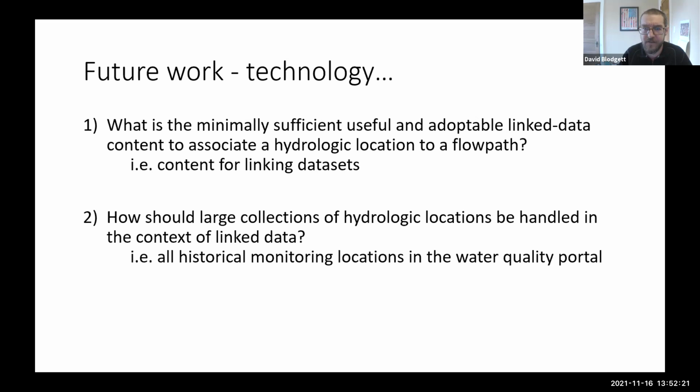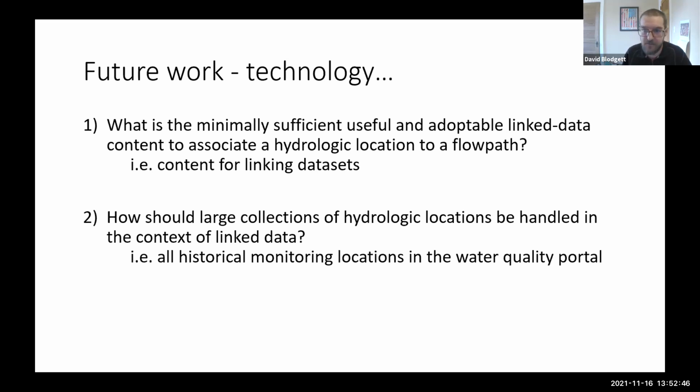So one of the big ones is kind of, what is the minimally sufficient useful and adoptable content for associating hydrologic locations to flow paths, right? We've got all these organizations that collect data across the landscape. They hold some information, they hold different information.